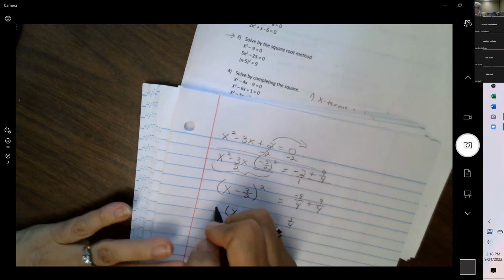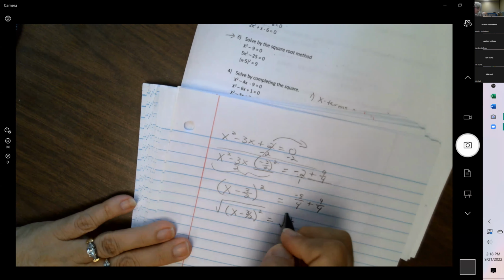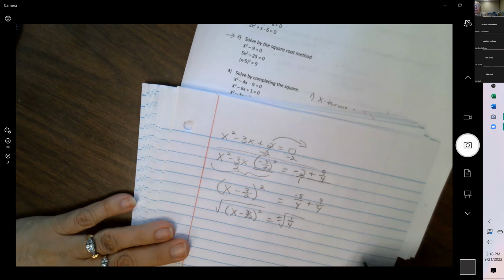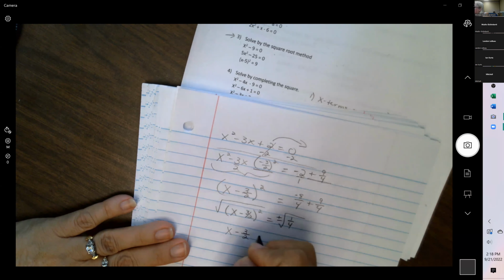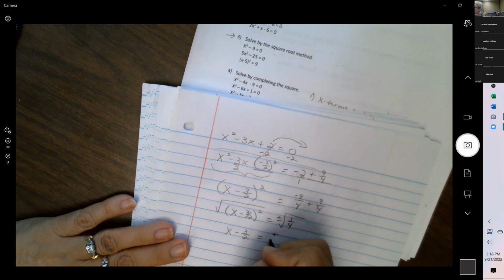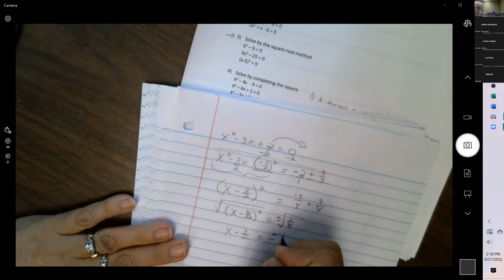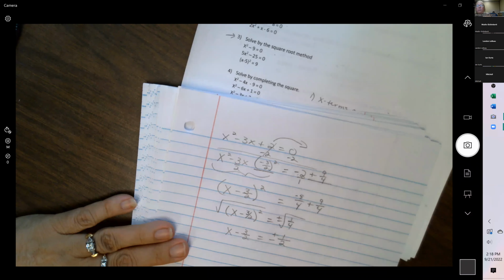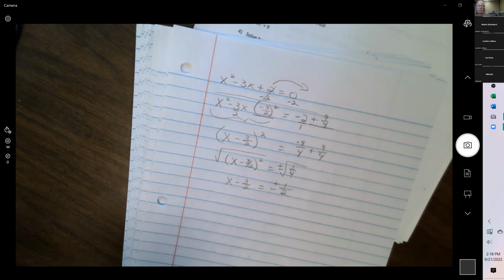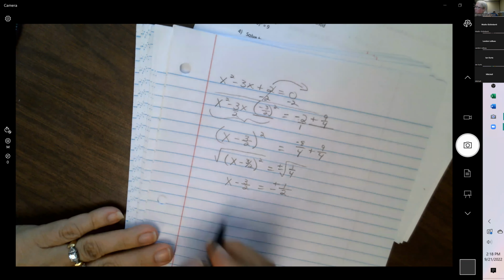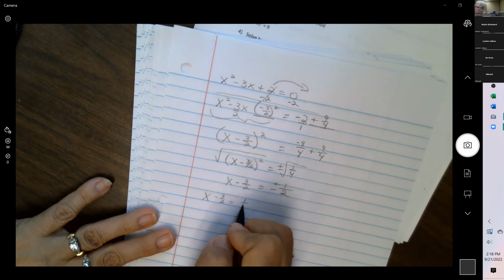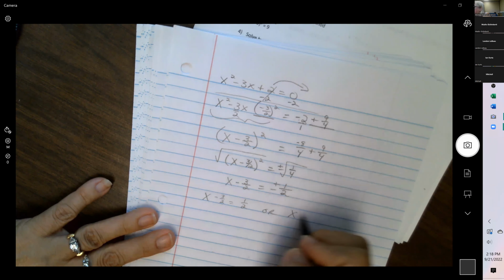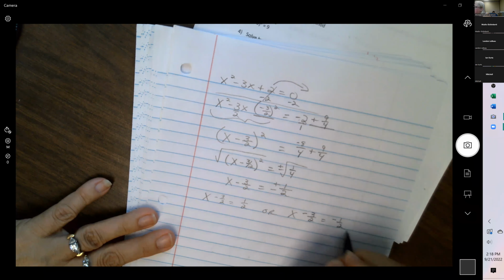Take the square root of both sides. X minus 3/2 equals a positive and a negative. Square root of 1 is 1, square root of 4 is 2. So we have x minus 3/2 equals a half, or x minus 3/2 equals a -1/2.